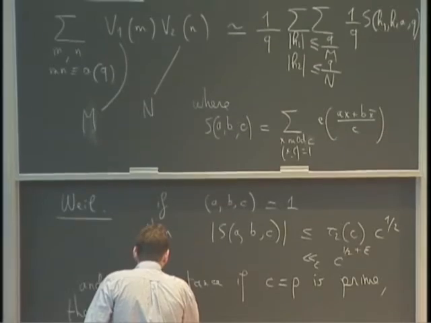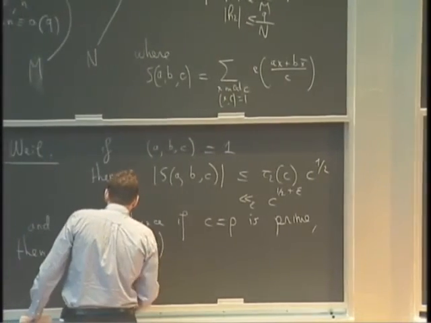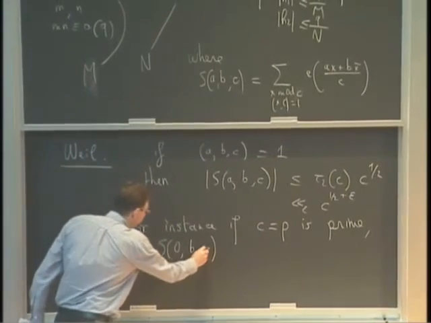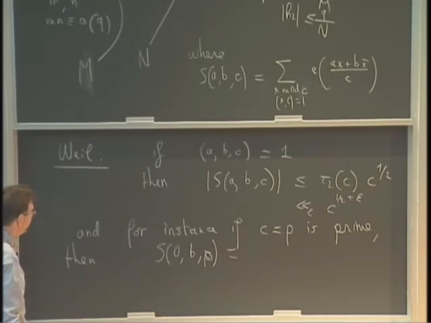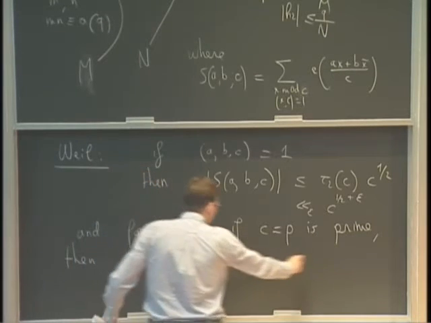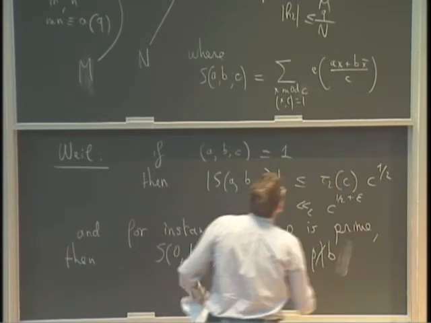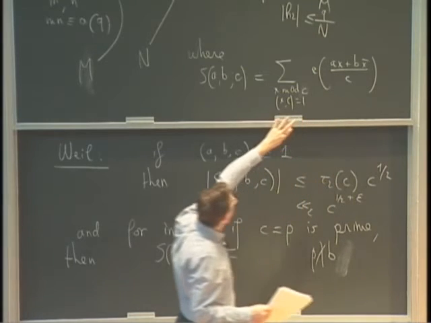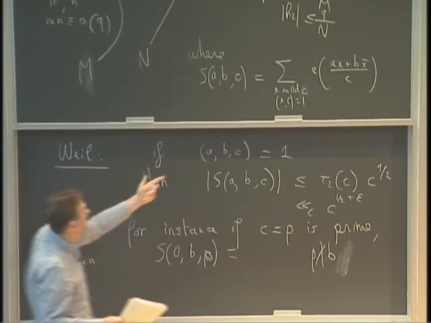There are two cases that you have to think about. And let's say that we view a and b as defined modulo c, which is a prime. So S(a,b;p) if p does not divide b, well, you can see what happens. Then a is 0, so you have x bar runs over all invertible classes again by just replacing x by x bar.